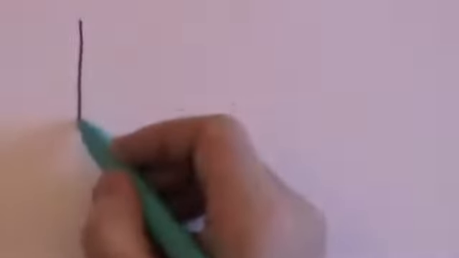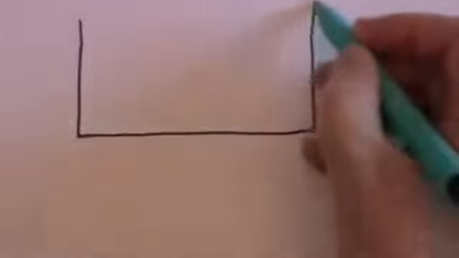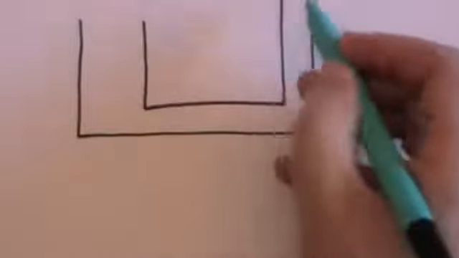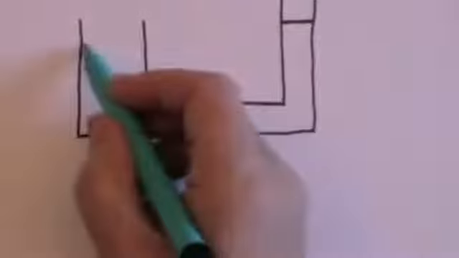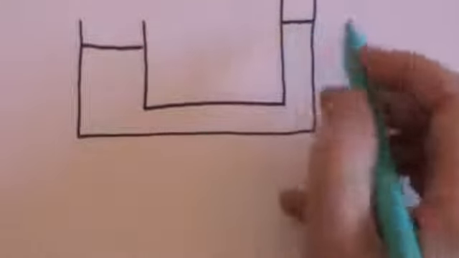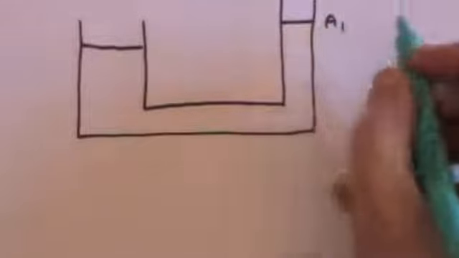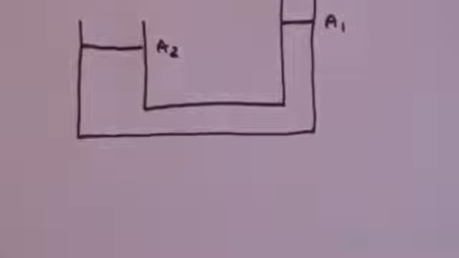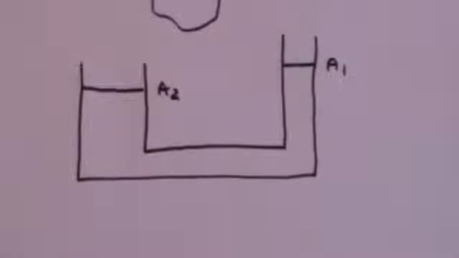So let's just redraw that diagram, because we're going to need to see something rather interesting that's going to happen as a consequence. You can see from the way that I've drawn it that the area of this piston, which we'll call A1, is very much less than the area of this piston, which we're going to call A2.